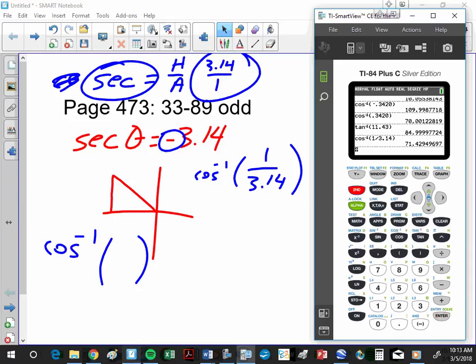Now, we do have a cool button on our calculator that will reciprocate anything we want. So if I type in the cosine inverse of 3.14, and right under the matrix, you see x to the negative 1. That button will flip anything you want upside down. And I get 71. So, for instance, let's say I had 0.75, 3/4.